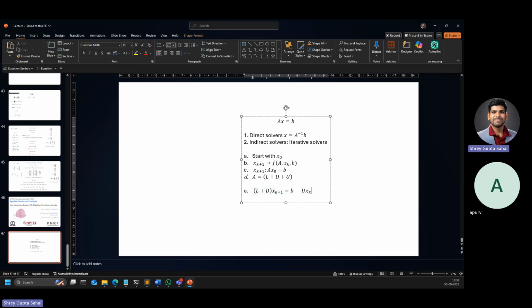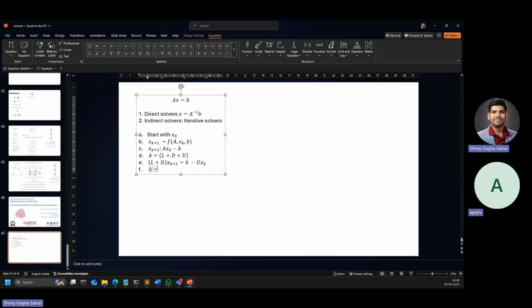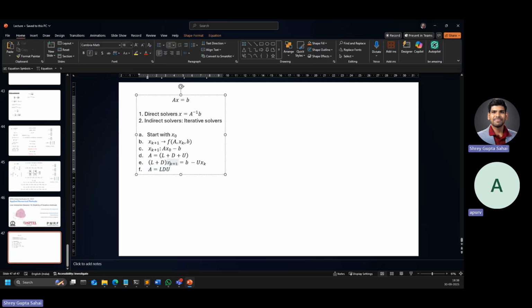Have you seen this kind of expression before? Yes, LDU decomposition, right? This is not LDU. LDU is L times D times U, yes, but we are doing L plus D plus U, so this is not LDU.